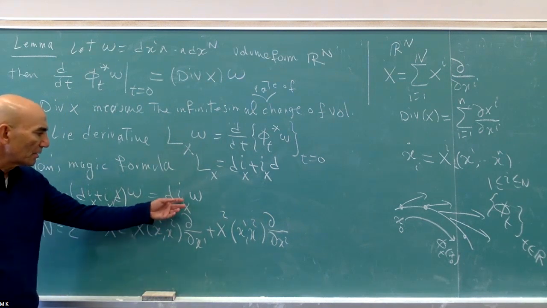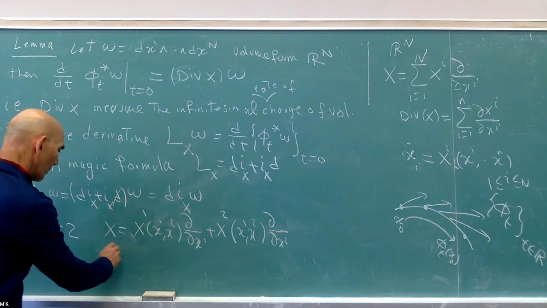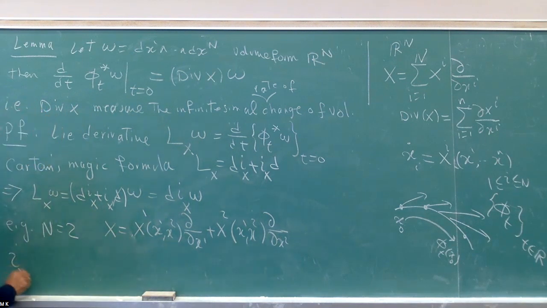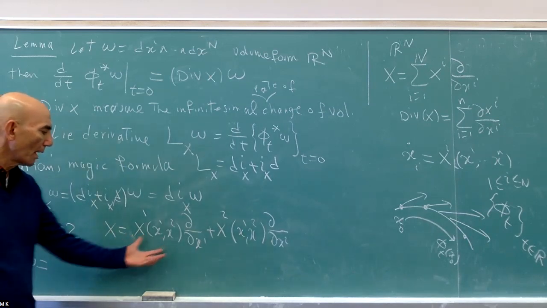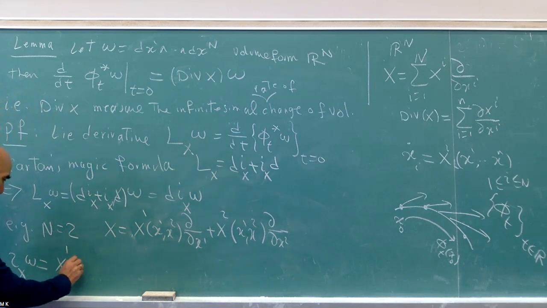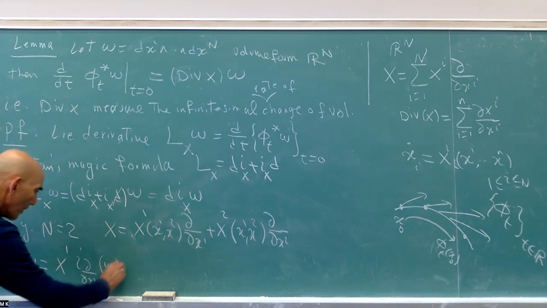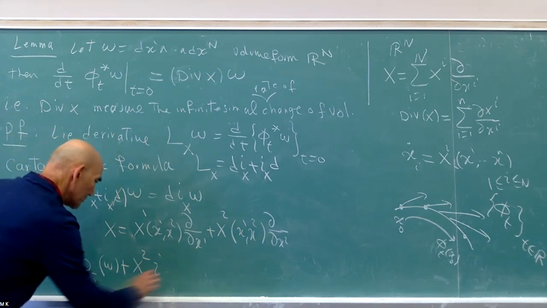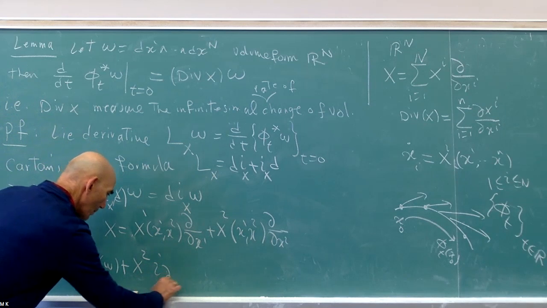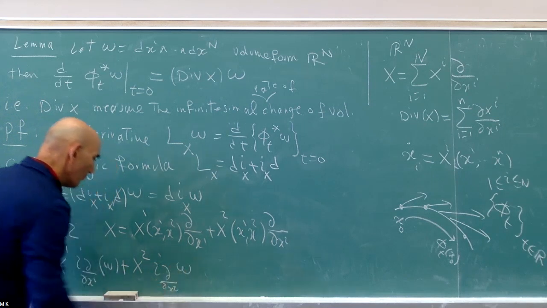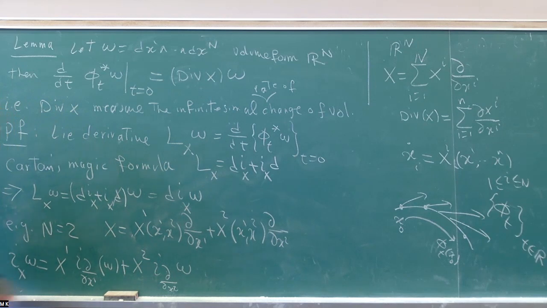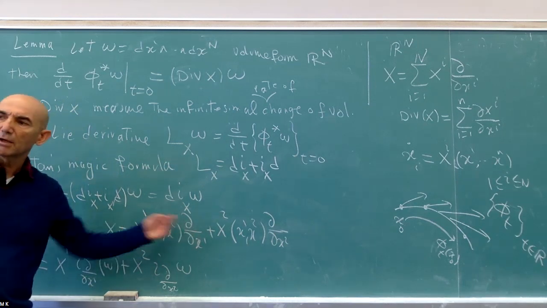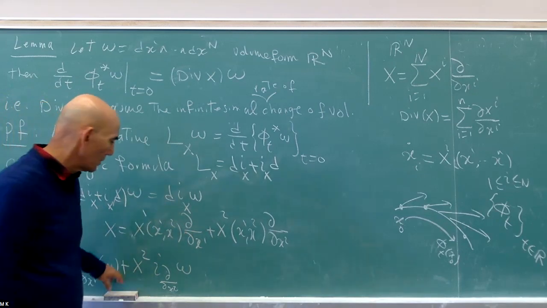Now, when you want to compute i_X of omega, it is equal to X1 i_{d/dx1} of omega plus X2 i_{d/dx2} of omega, because X1 and X2 are just scalars, they come out, and when you substitute, you just get.